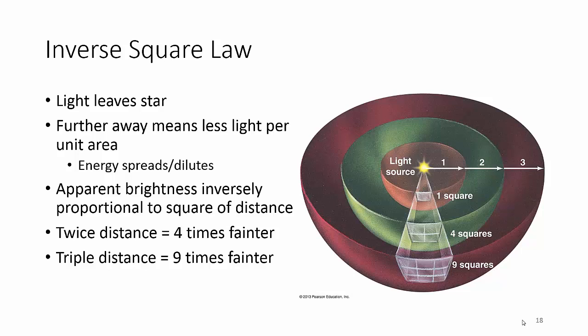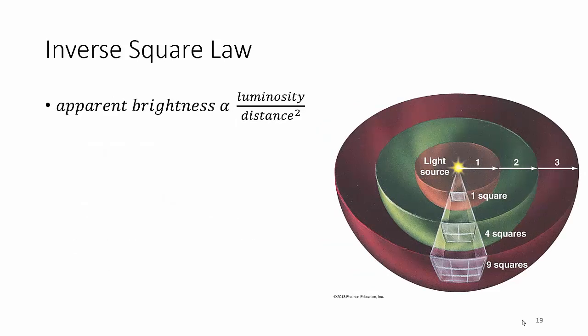So the apparent brightness will go down as your distance goes up, or as your distance goes down, the apparent brightness will go up, okay? Now the square just means that, you know, 2 squared is 4, 3 squared is 9, so it's not a one-to-one relationship, it's a squared relationship.